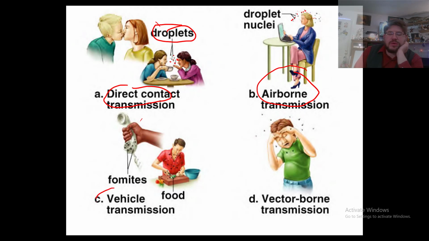Vehicle transmission is where you have something non-living, like catheters at hospitals, maybe a phone your sick friend used and didn't tell you they hacked a loogie into, or contaminated food. Then vector-borne transmission. Here's this poor kid being pestered by dots. I'm going to go with either mosquitoes or some kind of fifth dimensional demon. I don't know.